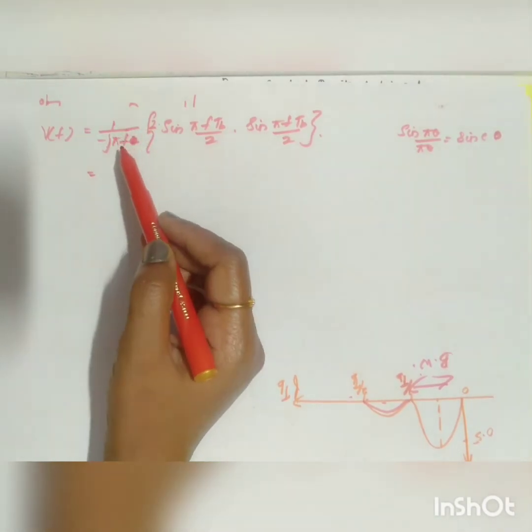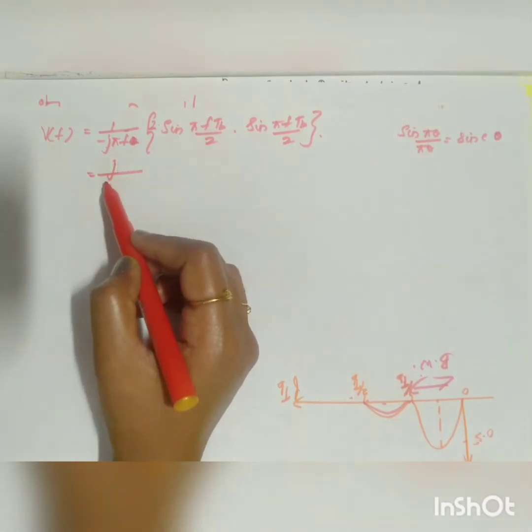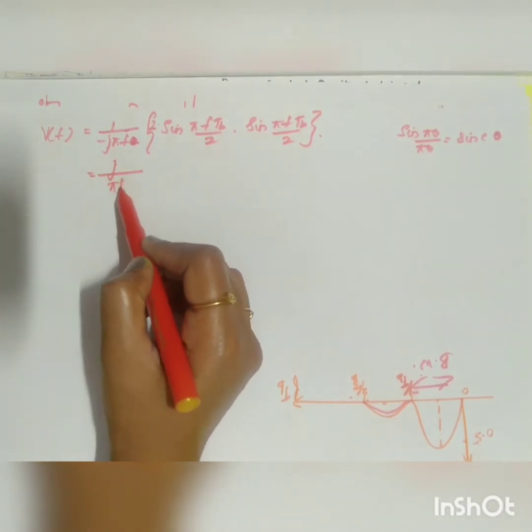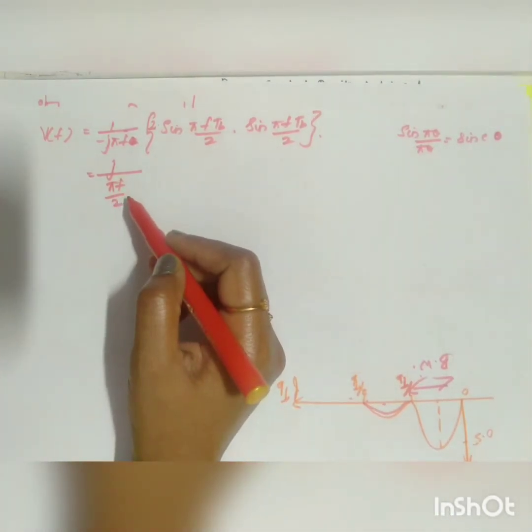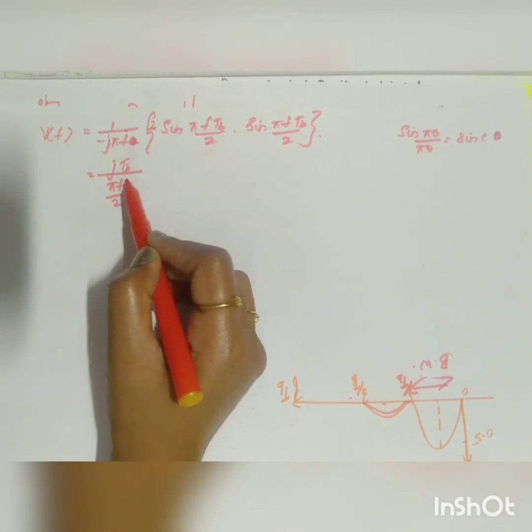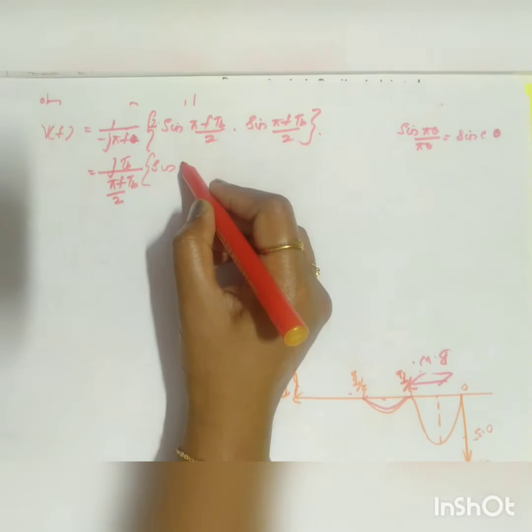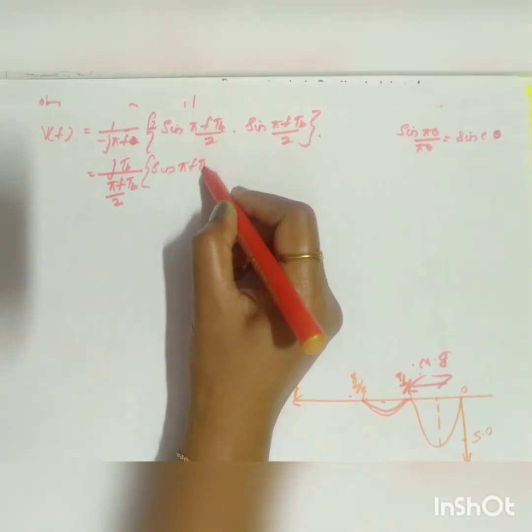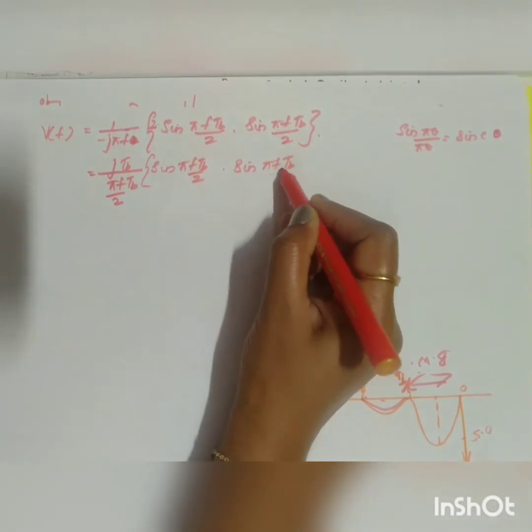If I multiply and divide by j, you will be getting j by pi f. If I bring this 2 down, I will be getting pi f divided by 2. Here you have a Tb, so multiply and divide by Tb. So you will be getting sine pi f Tb by 2 into sine pi f Tb by 2.